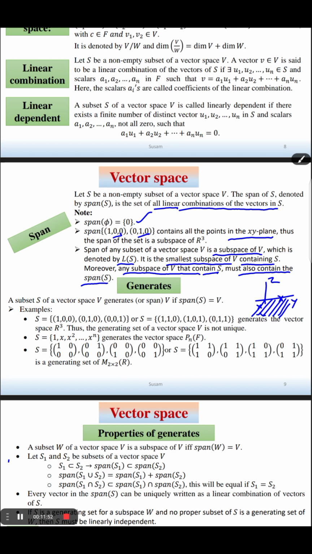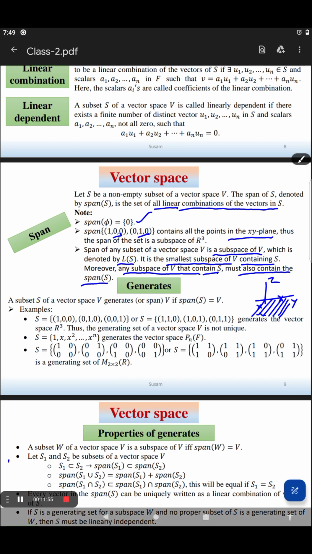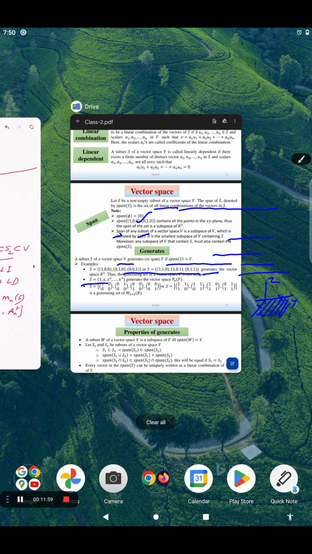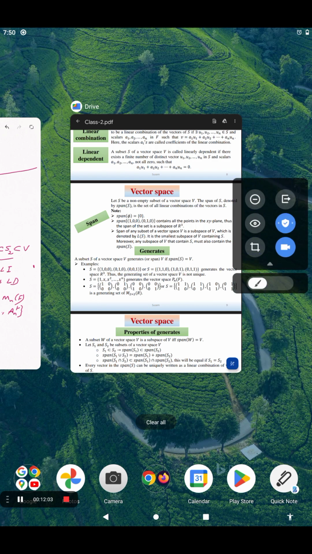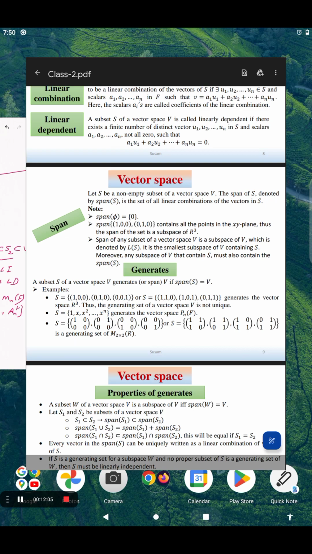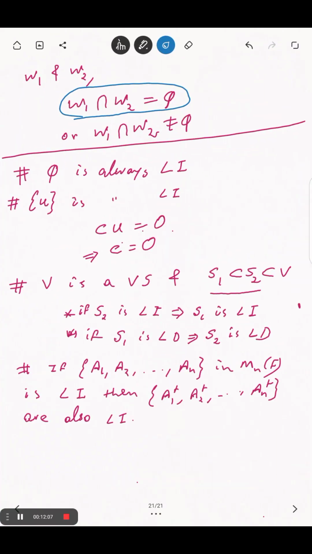Okay, I forgot one thing about the properties of linearly independent sets. Let's go back there. Sorry. Here. The empty set phi is always linearly independent. Any singleton set is linearly independent, because you can consider this linear combination and then you will get c as 0.